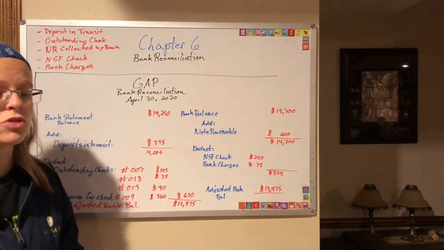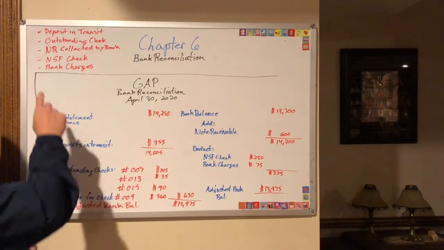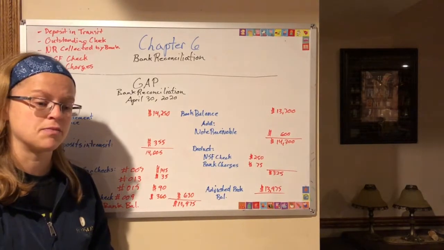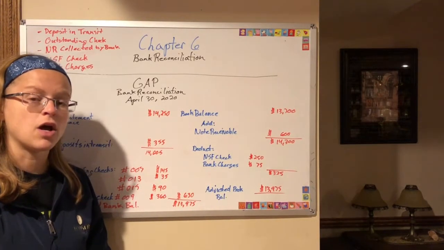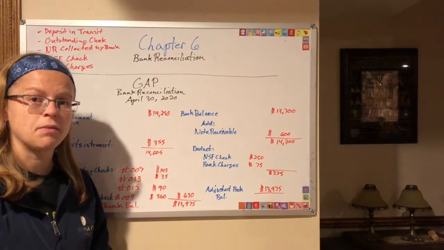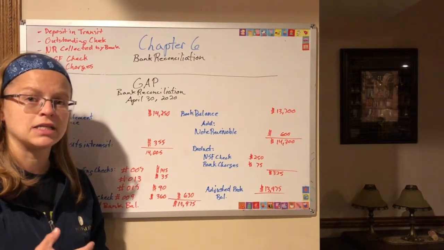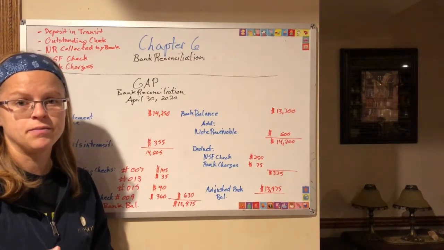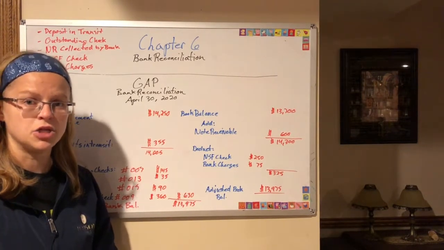We're going to discuss those things. A deposit in transit: if a deposit is made at the end of the month, the company is aware of that deposit, but the bank hasn't had time to process it, so it would not show up on the bank statement. It would show up in the general ledger, right?